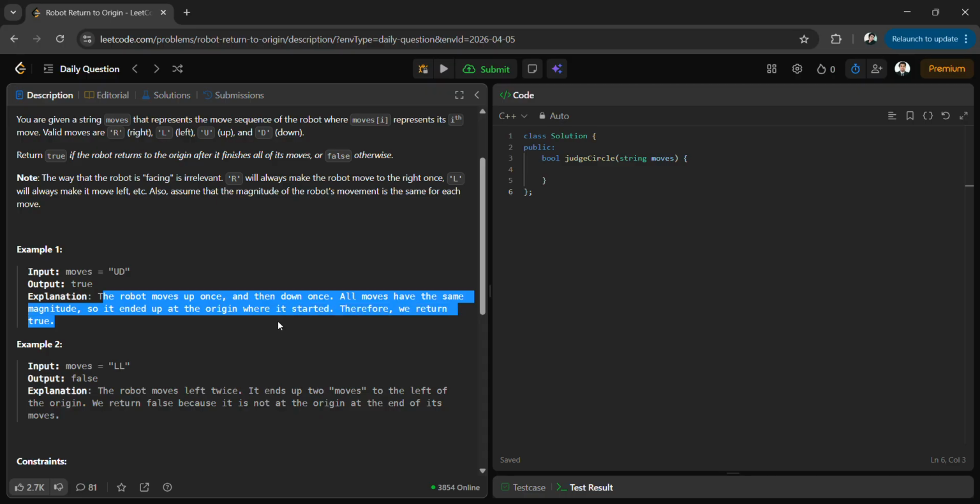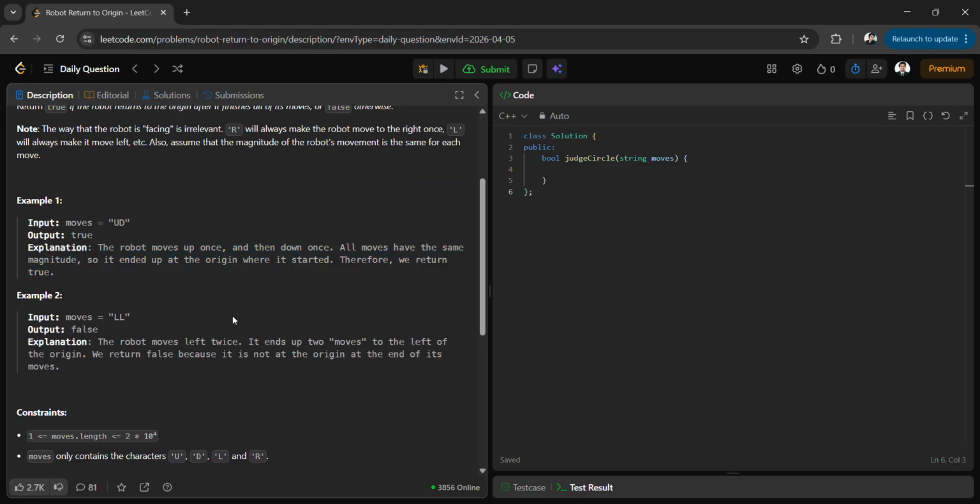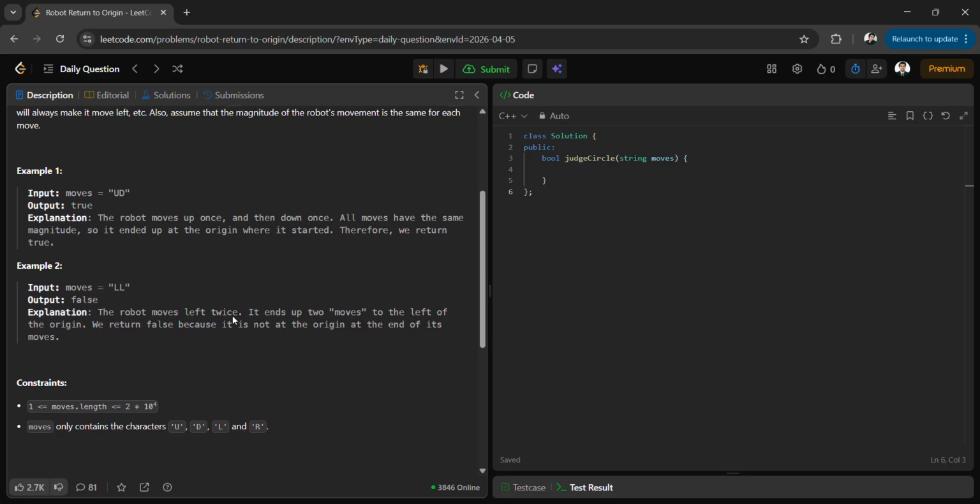Similarly, for the second example we have LL, which stands for left and then left again. So there are two moves for the robot to perform, left and left. The robot is already at the origin point, that means 0 0. After performing LL, we have to move along the x dash direction, so it will be -1 and then -2.